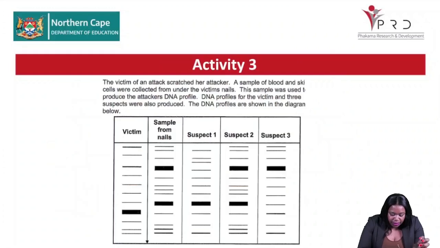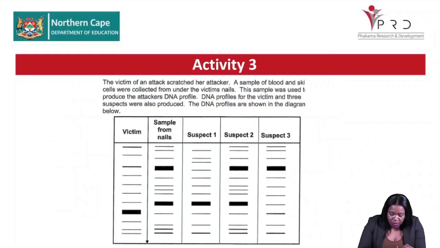Okay, now we have activity 3. It says the victim of an attack scratched her attacker. A sample of blood and skin cells were collected from under the victim's nails. So it means that when the victim scratched this attacker, the sample remained.